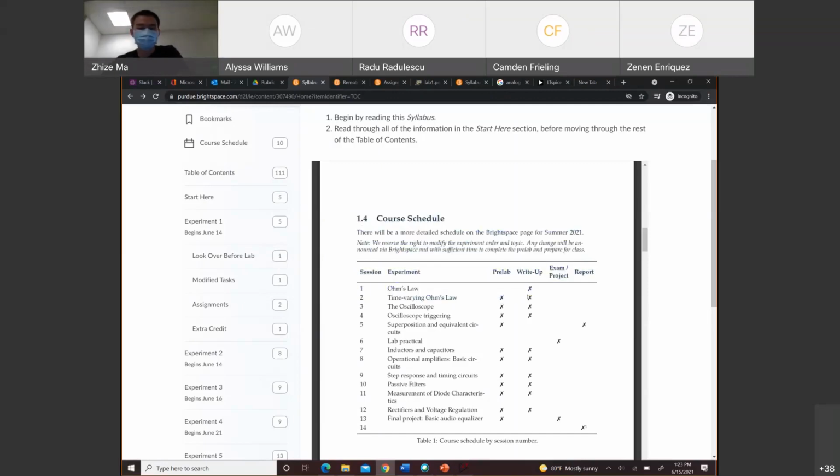And then for each lab, you have a write-up. I will show you where you can find the template and the guideline for how to write the write-up. For the fifth lab, you will have a larger lab which you need to finish a report. For number six, you have a lab practical, which is like a small exam.